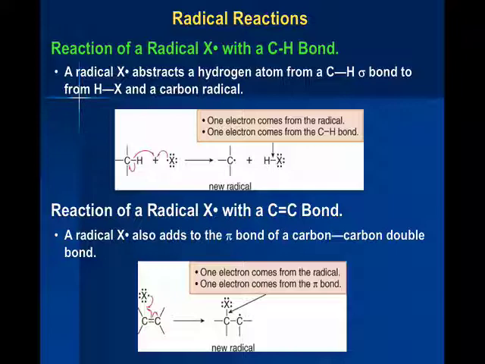Okay? Would you expect that that reaction lies to the left or to the right? And how would you determine it? I'm breaking a sigma bond, but I'm also gaining a sigma bond, right? So it's kind of hard to tell there. What would you look at?